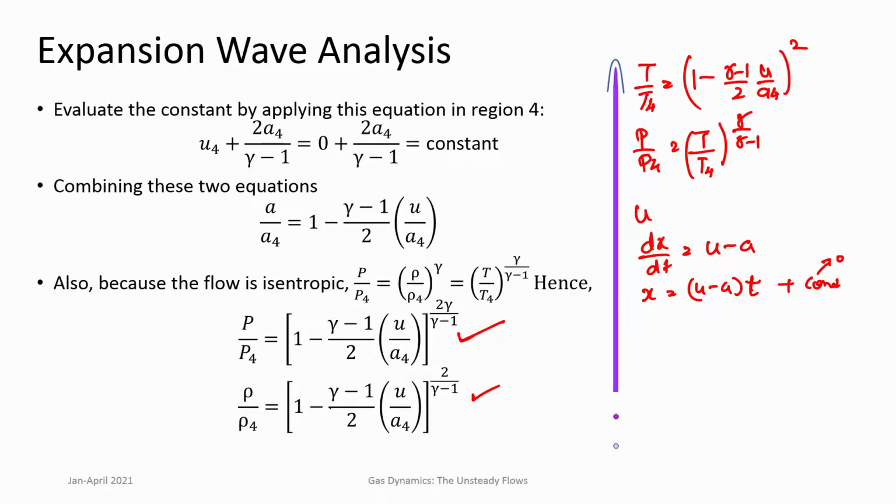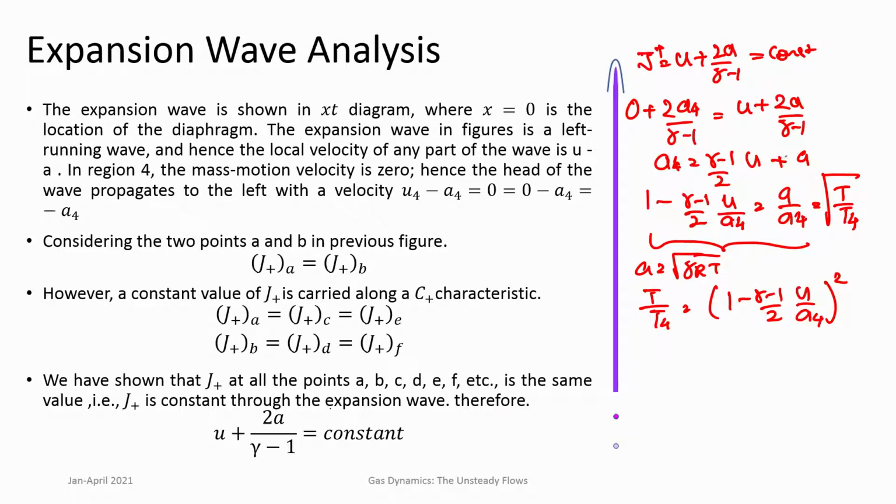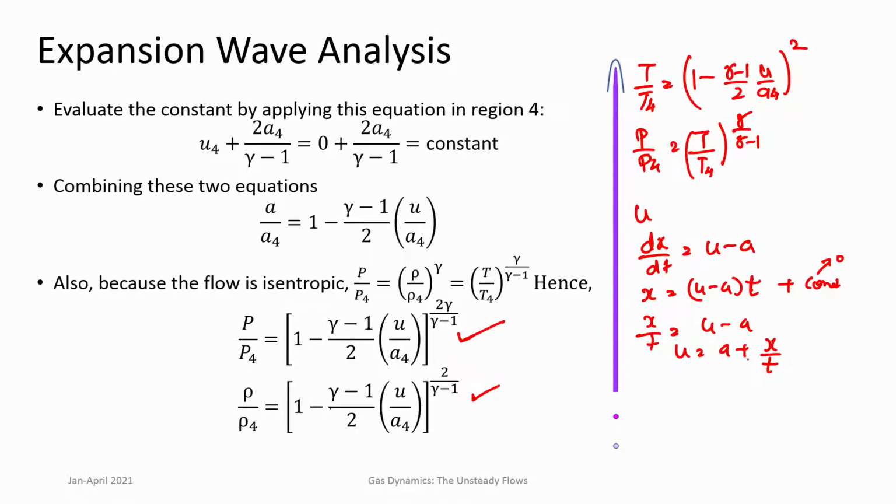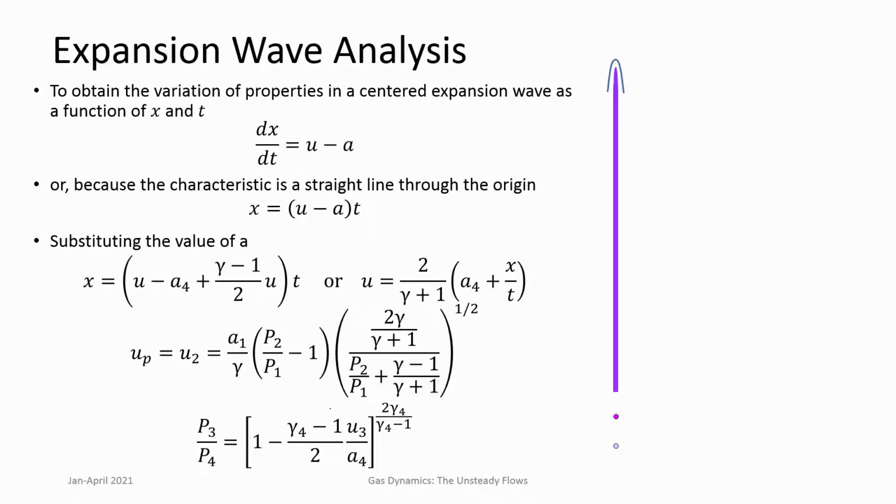From here we can express U in terms of x by t. That is, x by t is U minus A, or U is A plus x by t. And A is related by what we just derived, A is equal to A4 minus gamma minus 1 by 2 U. You can do the substitution here.